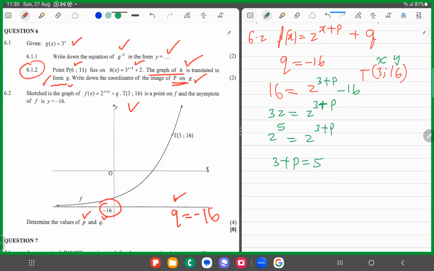So 3 plus p equals 5, and then p is equal to 2. Right, so we have found that p is 2, and we have found that q is minus 16, and these are the things we want.